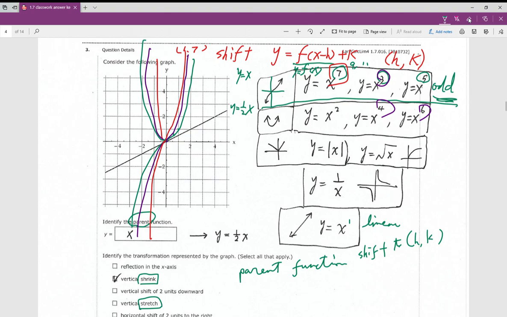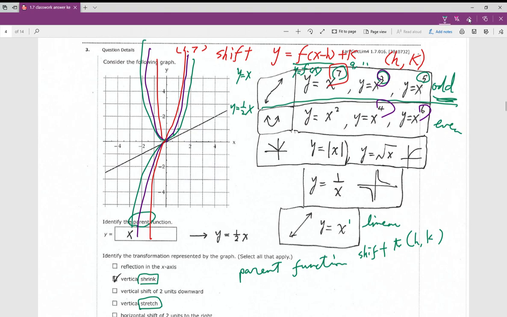So the even functions may look like a parabola. And the straight line, everyone knows.